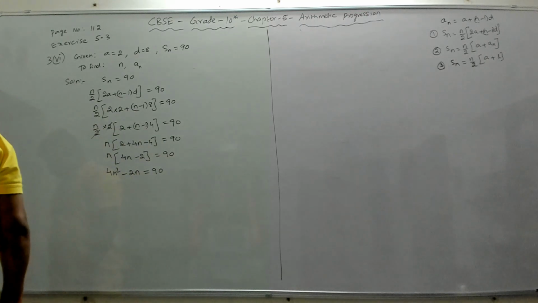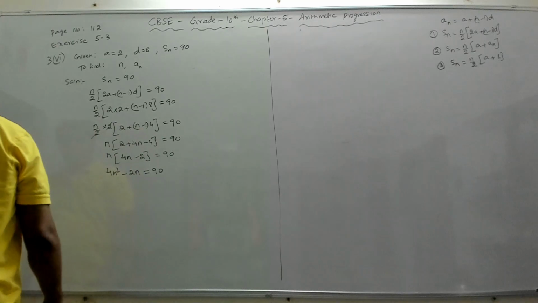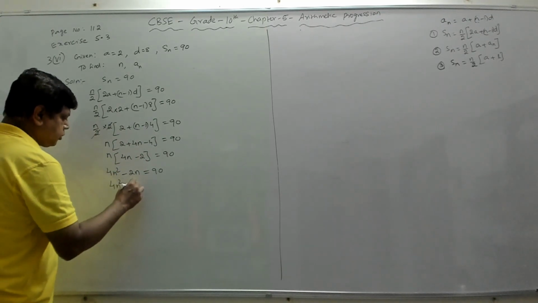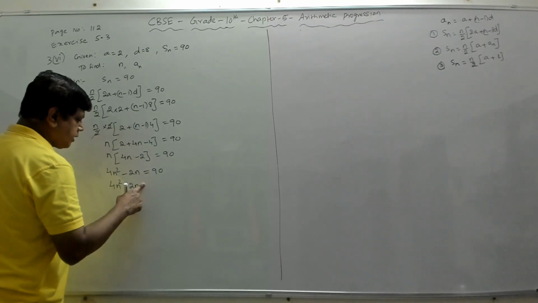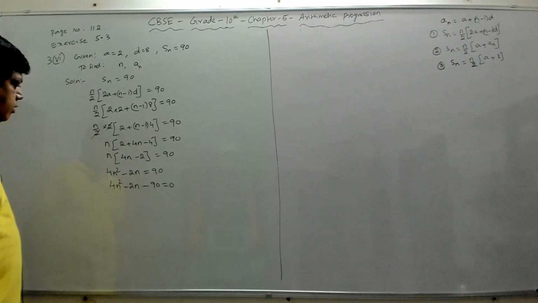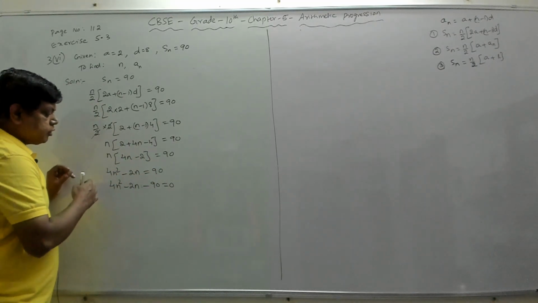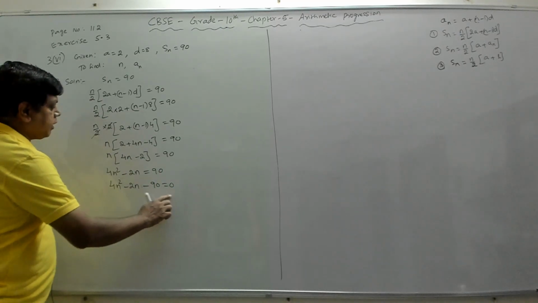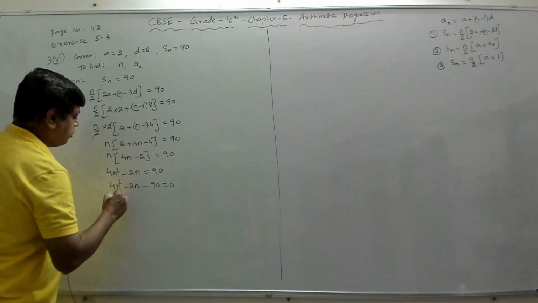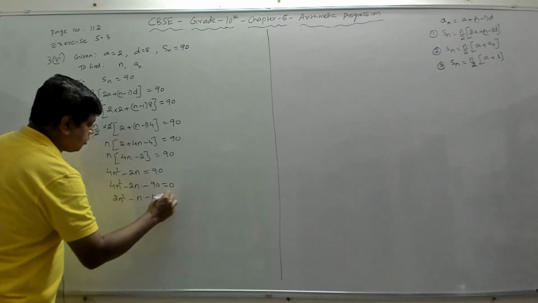Now you have 4n square minus 2n minus 90 equal to 0. I'm bringing everything to one side. Now it's a quadratic equation in n. Now we'll cancel throughout by 2 because 2 is common everywhere. So we get 2n square minus n minus 45 equal to 0.